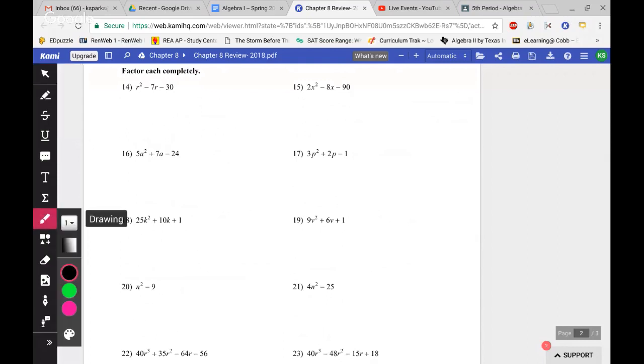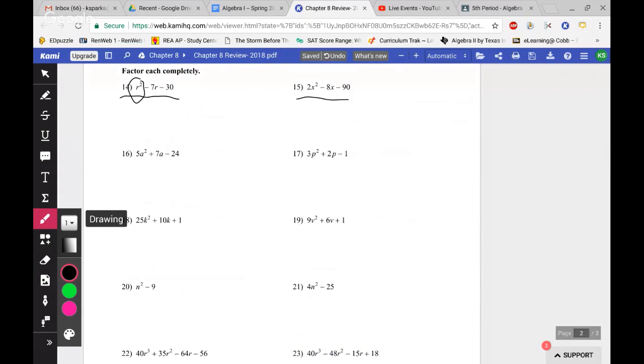All right. I'm going to approach every single one of them the same way, even though our textbook differentiated them between 8.5 and 8.6. The big difference is looking at 14, what is the coefficient on this r squared? 1. Okay.